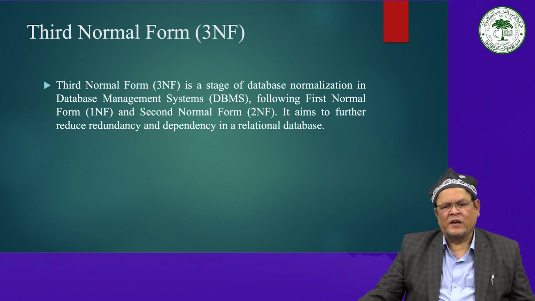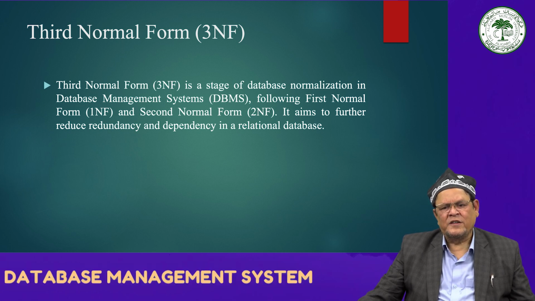By ensuring that each attribute depends only on the primary key and not on other non-key attributes, 3NF helps eliminate redundancy and improve data integrity. Overall, achieving third normal form enhances the quality and performance of the database by organizing data more efficiently and accurately.